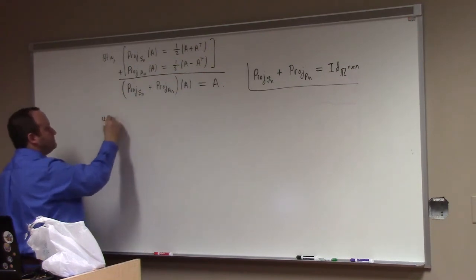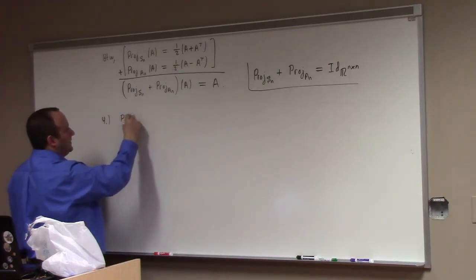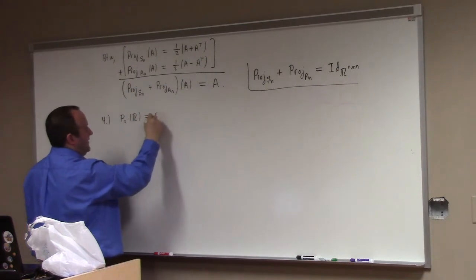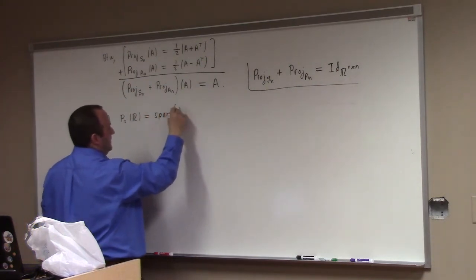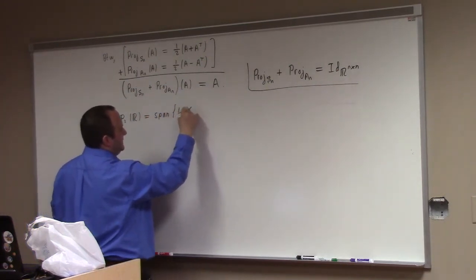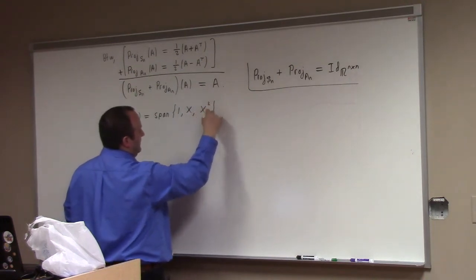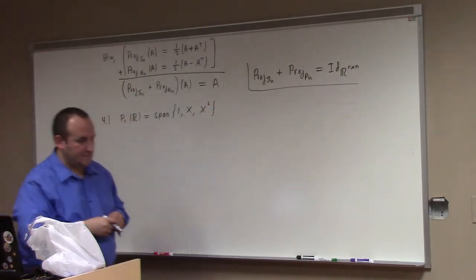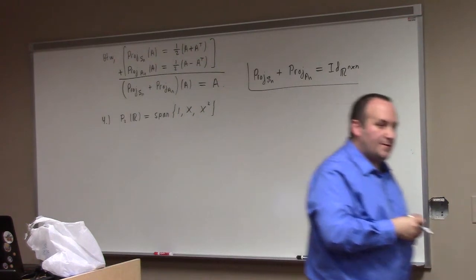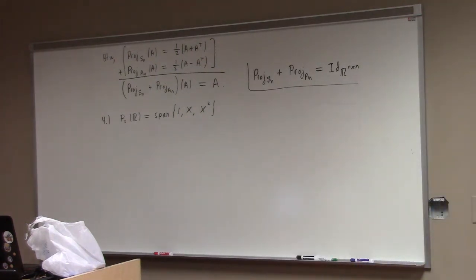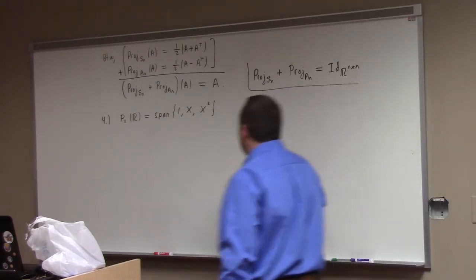4, here's a weird one, P2R. In other words, the span of 1, x, and x squared, right? Quadratic polynomials, possibly degenerate. And here's a little bit of a wrinkle.